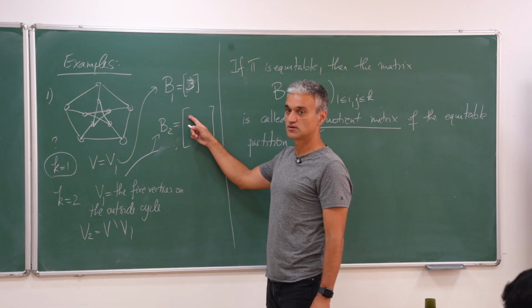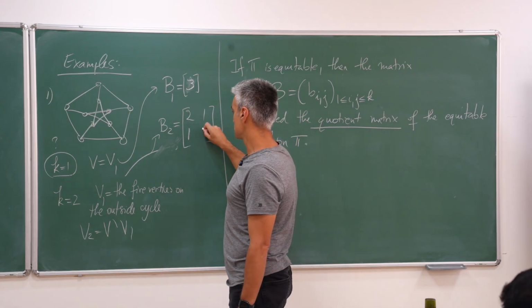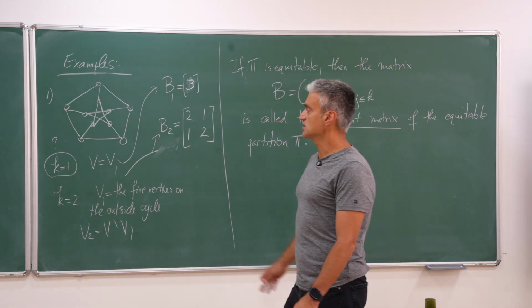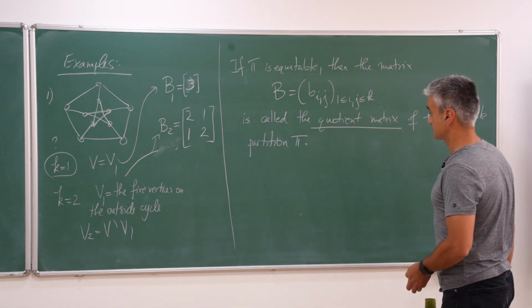What is here? 2, 1, 1, 2, okay? Okay, can you think about a partition here into 3 parts? Equitable partition into 3 parts.